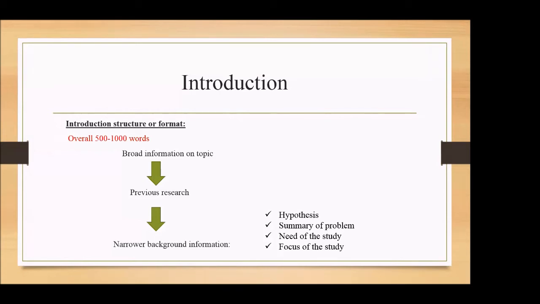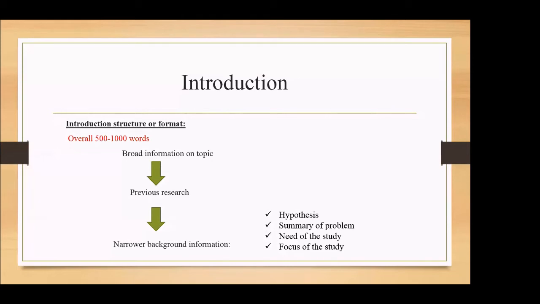Overall, it's about 500 to 1,000 words. Of course, each journal has a specific number of words. Usually it's between, let's say, 3,000 to 8,000 words, most commonly, okay?